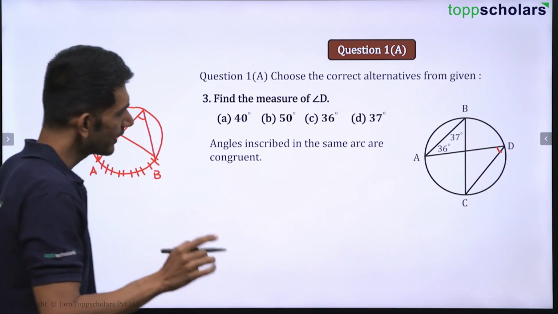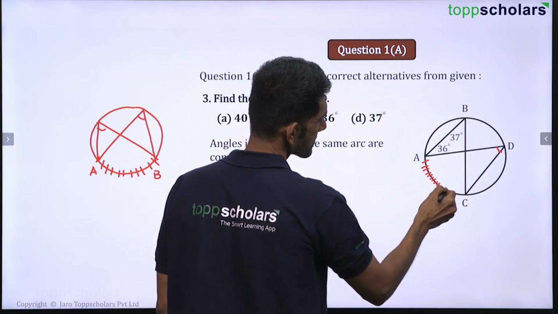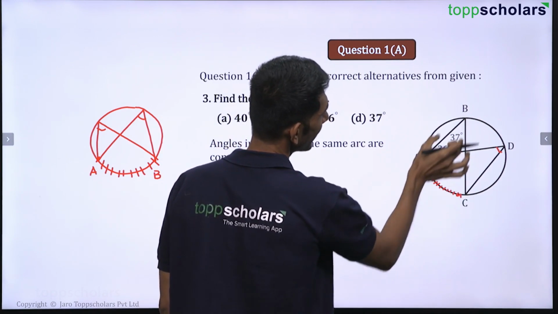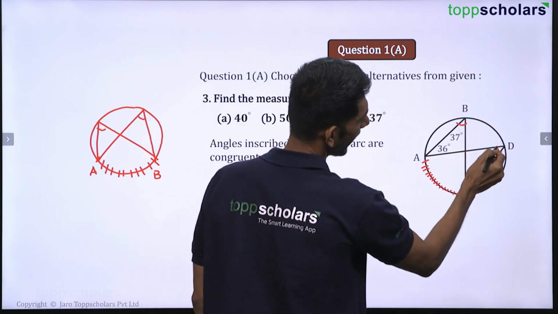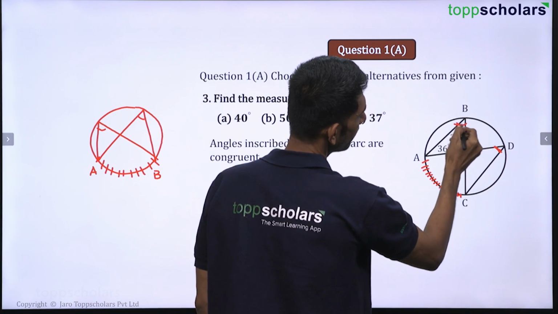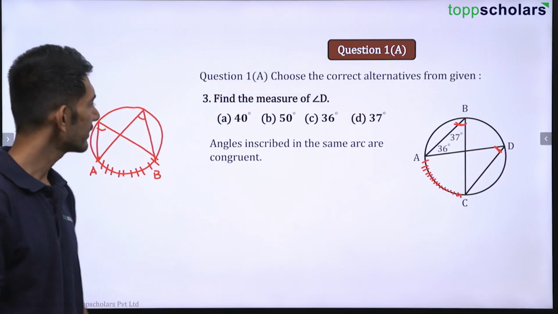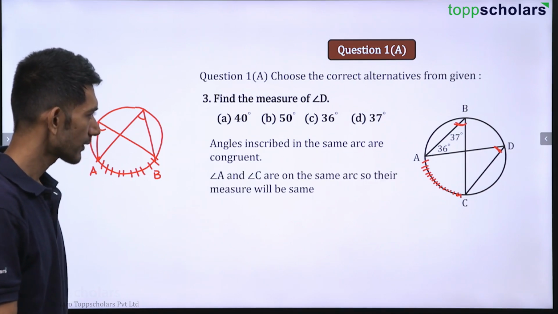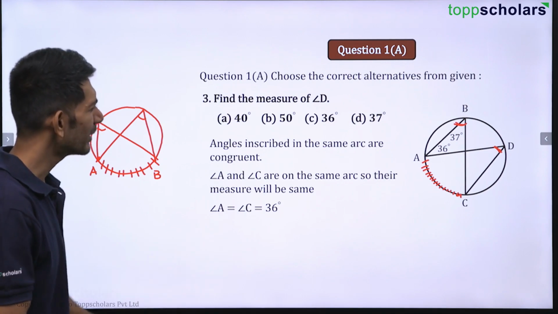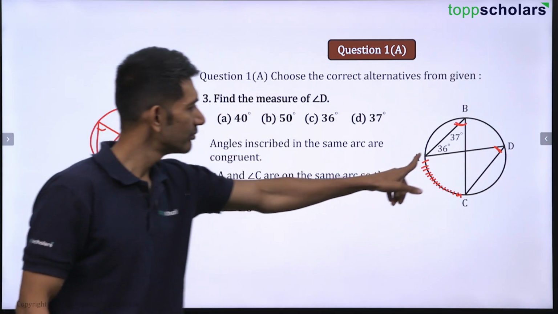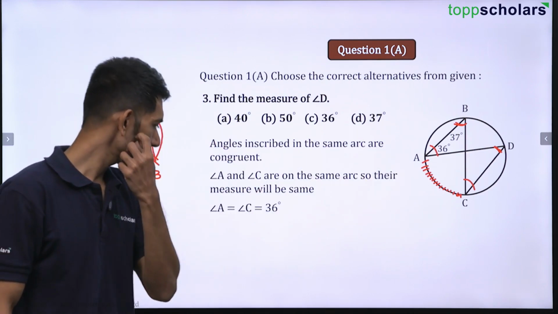Now tell me one thing, if I consider this arc AC, then there is one angle at the top here, angle B, and one angle over here, angle D. So angle B and angle D are going to be equal, and both of them are going to be 37 degrees. Correct? And also angle C and angle A are equal, but they're asking angle D, so it does not make any sense to find C, but that's okay.